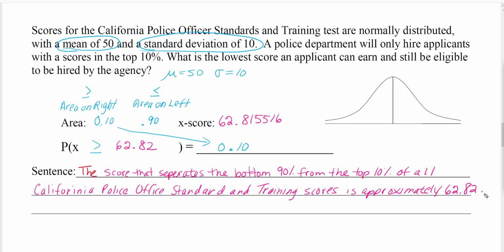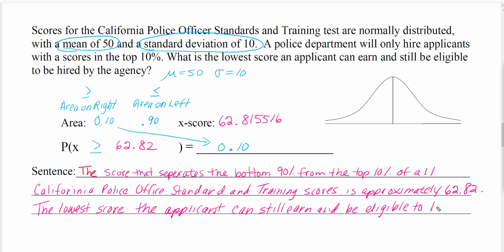We can also phrase it this way. The lowest score the applicant can earn and still be eligible to be hired is 62.82.